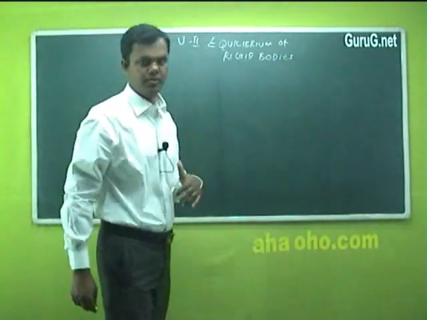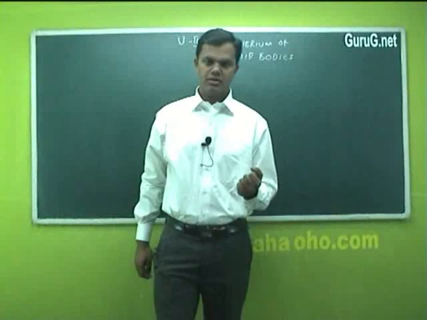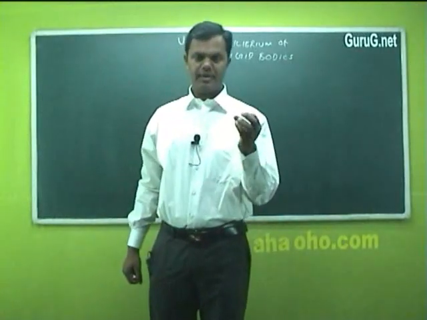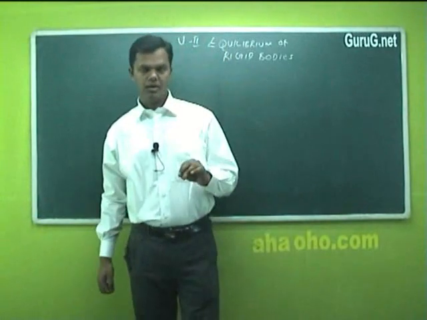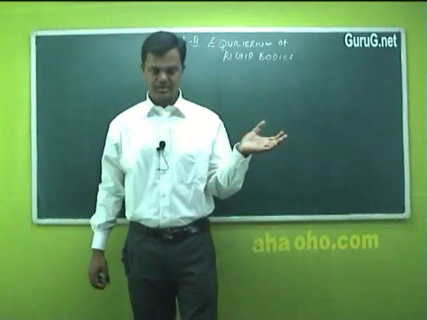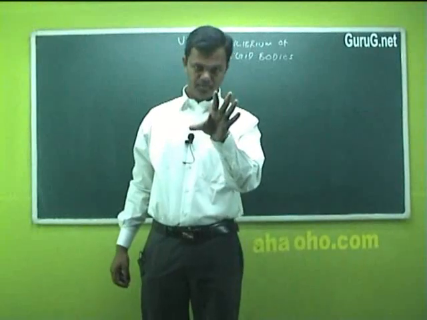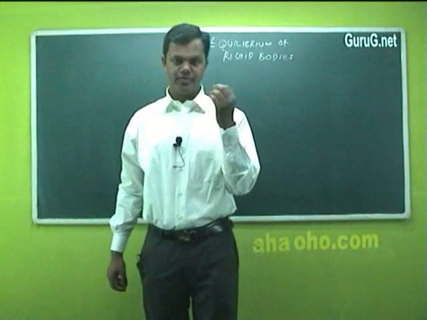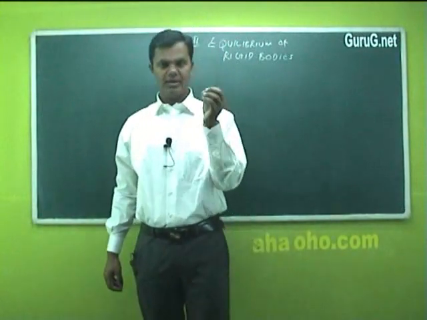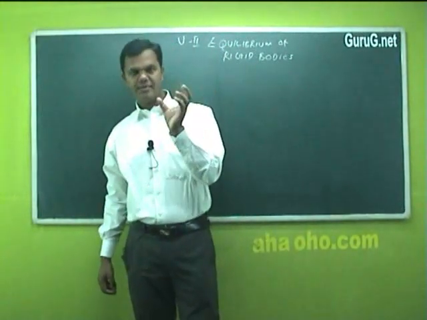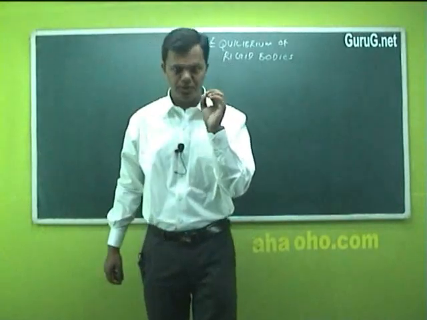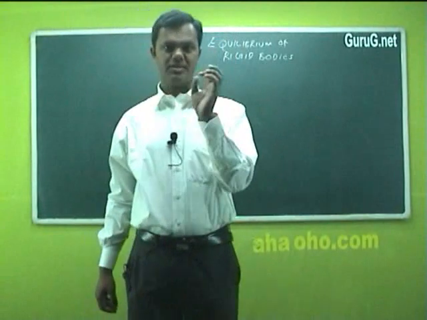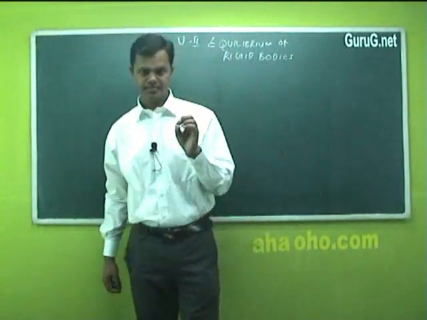I have already explained what a rigid body means. It is a body to which the applied forces may be of different natures: concurrent, non-concurrent, collinear, etc. But due to the application of that force, the movement or displacement is considered very, very small, negligible.